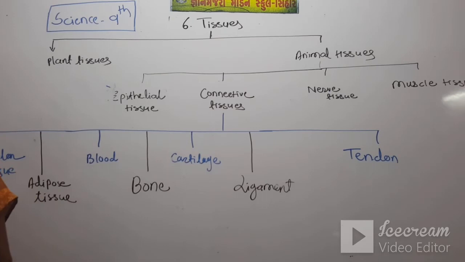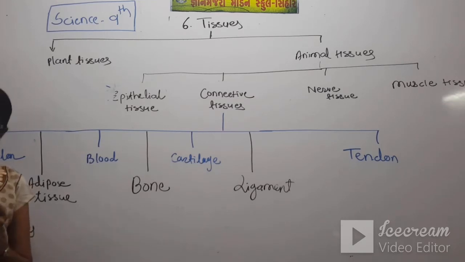Areolar tissues are found in skin and muscles. Generally they are inside the skin, not on the surface of the skin, but inside the skin. Areolar tissues are also found in the muscles.